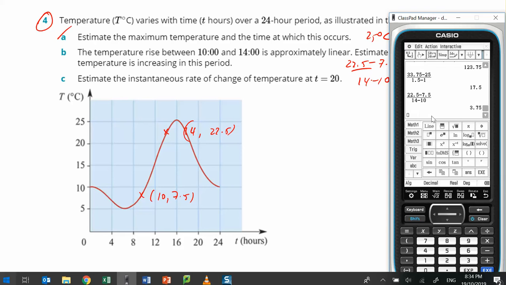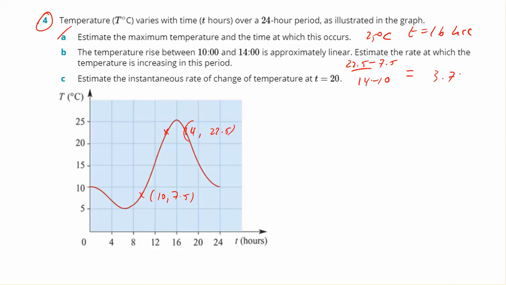So it's roughly 3.75 degrees per hour. Now, this might not be the same as in the book because the book might read a different value, because I'm using my own eye to do this, so it might not be as accurate as the book.